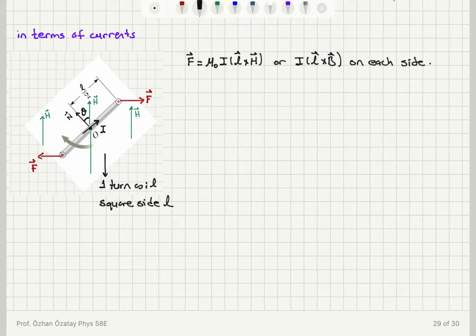And where does this equation come from? Well, this comes from Lorentz law, basically. You have the force on a charge inside the magnetic field is Q V cross B, or Q mu 0 V cross H in SI units.